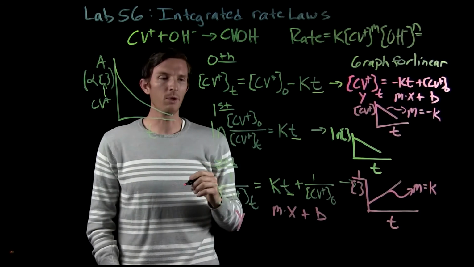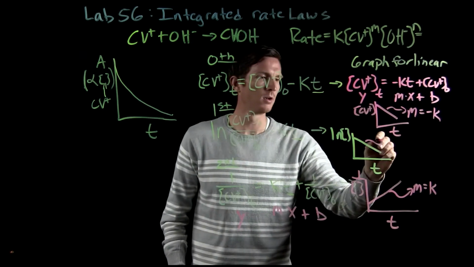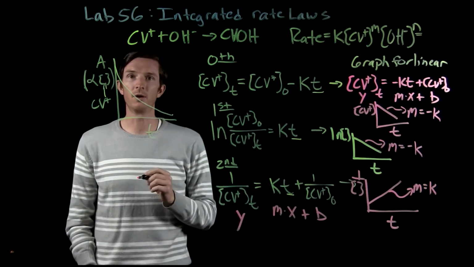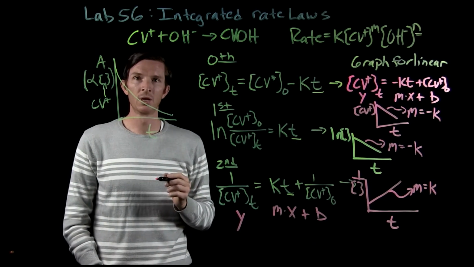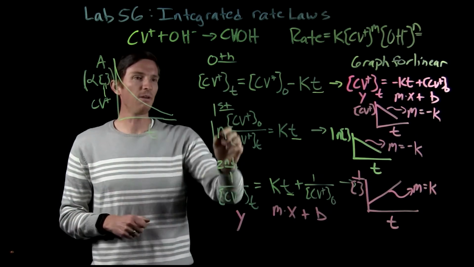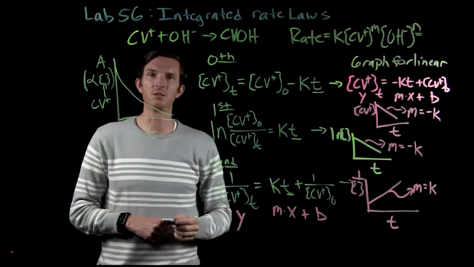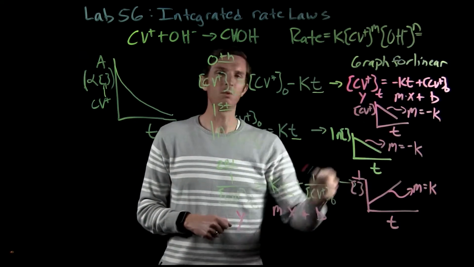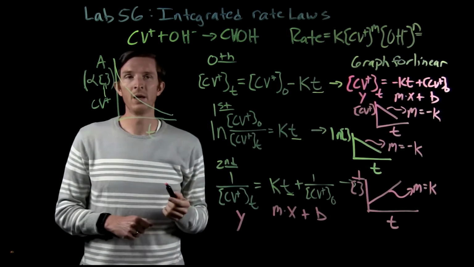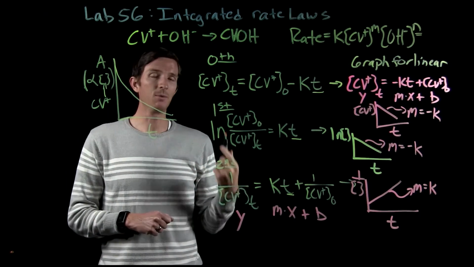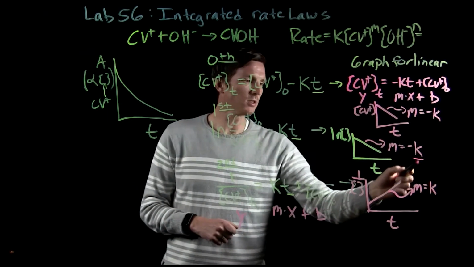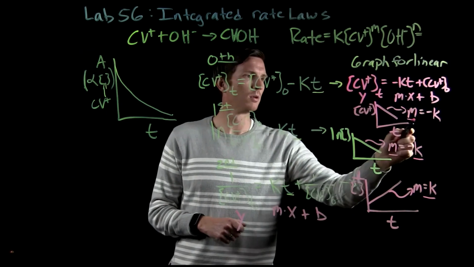And for our middle relationship, first order, our slope is also equal to the negative of our rate constant. So two things we can get from this. First, by graphing these different types of relationships, the one that is most linear will tell us whether crystal violet is zero, first, or second order in our reaction. Secondarily, we are now able to calculate our rate constant by just looking at our slope.